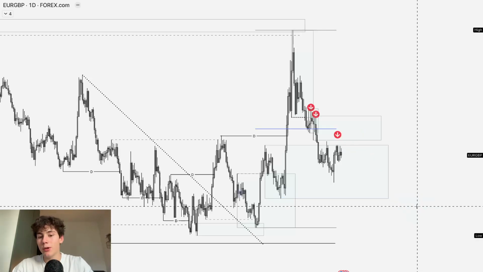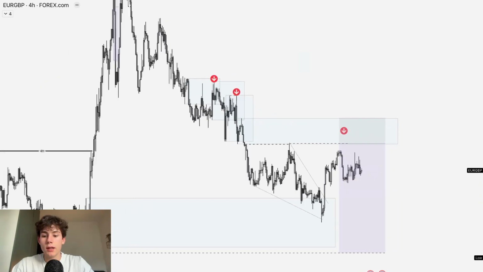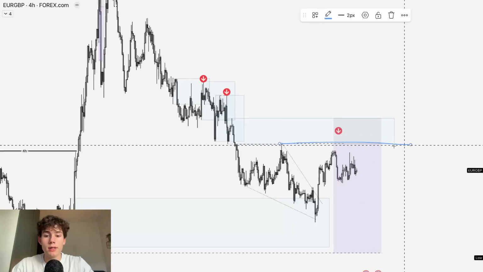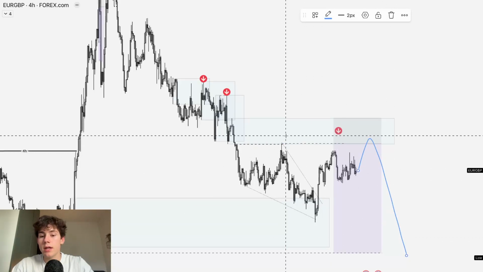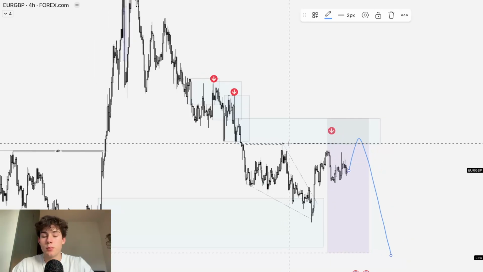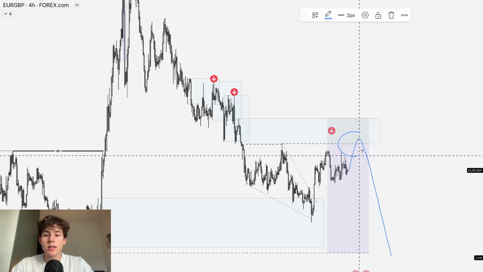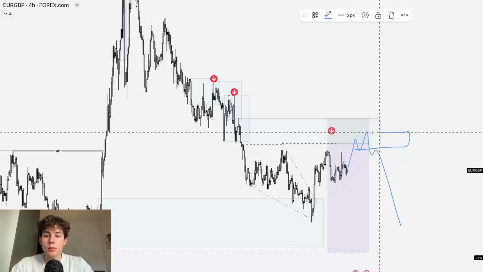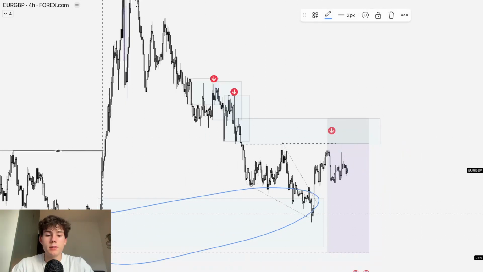So I'm definitely going to look for shorts here on Euro GBP, and I will be quick with it because I would like to catch this trade, and I think that after swiping this high, we could see a quick move because we swipe a lot of sellers who are trying to sell this pair. So I would like to see a liquidity grab, and then I would like to see, of course, the fractal break and creating this supply where I'm then going to short from in towards all of these lows.